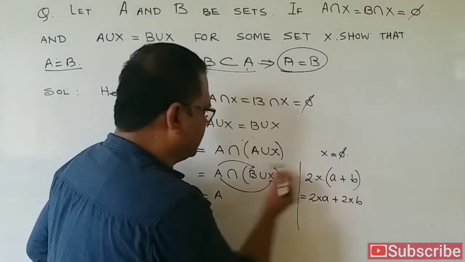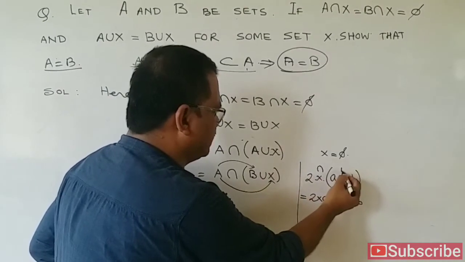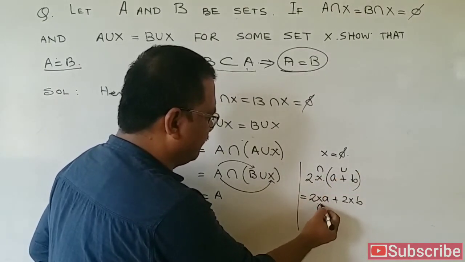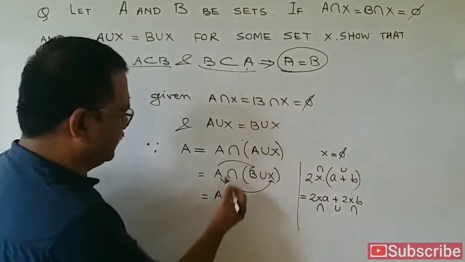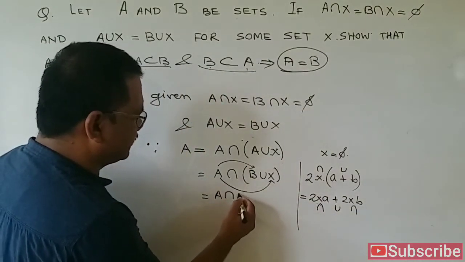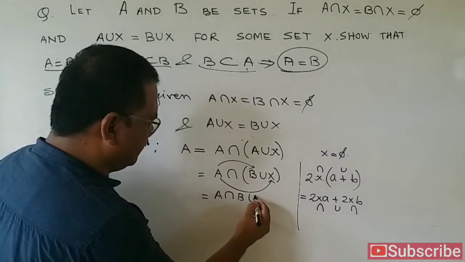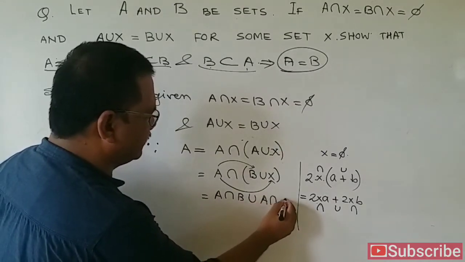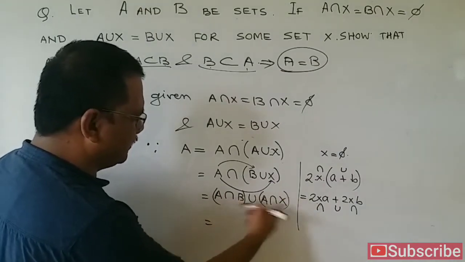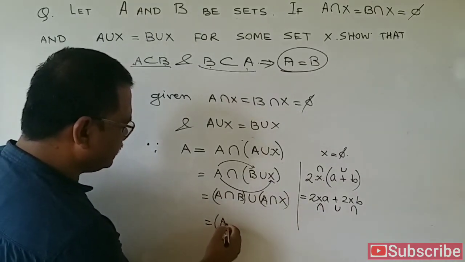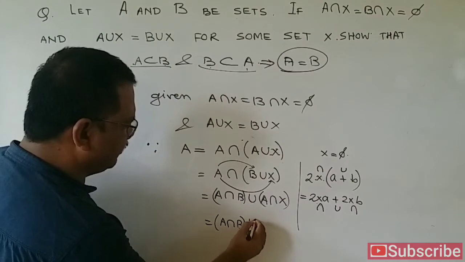So here there is intersection, and then this is union. Now intersection, and then union is to be put: A intersection B union A intersection X. Have you understood this expansion? Then we have A intersection B union, what is this?